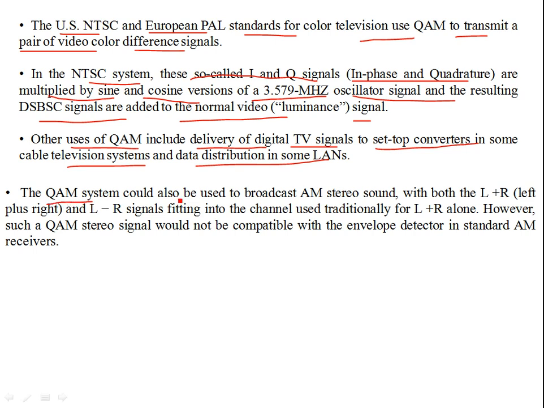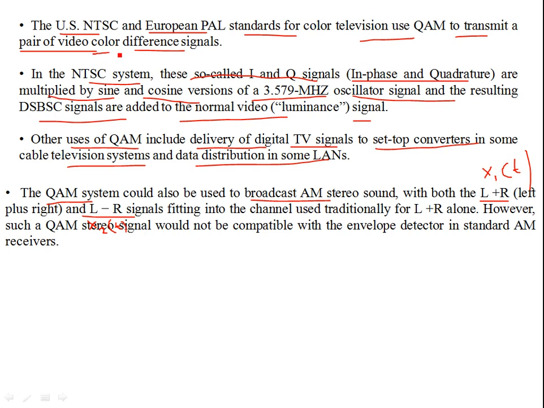Again, the QAM system can be used for broadcast AM stereo with both left plus right and left minus right signals. So you have x1, for example audio, over here, and x2 over here, and you can transmit them as two independent DSB-SC signals. In stereo they can be left and right audio signals.